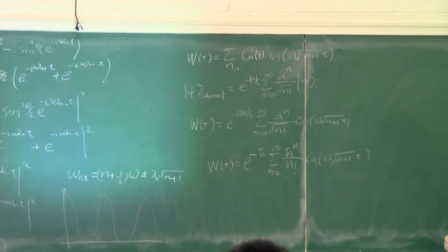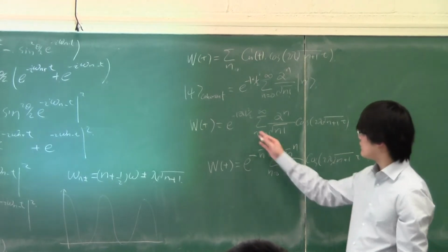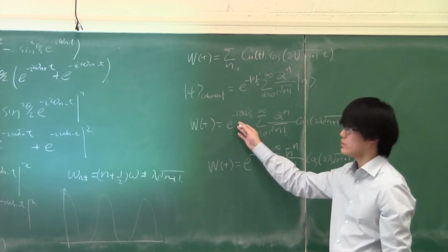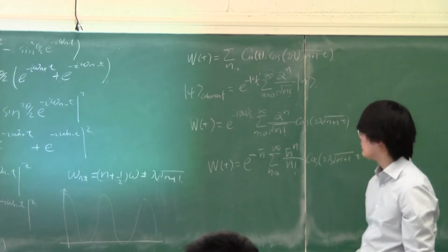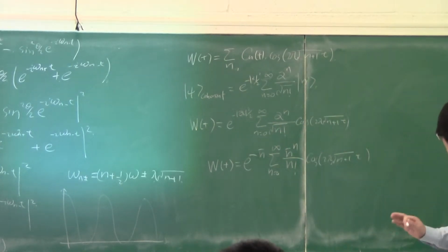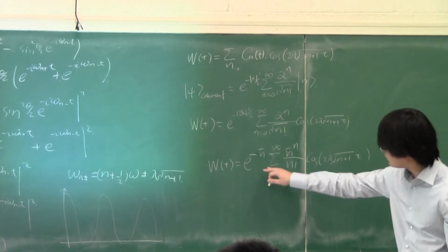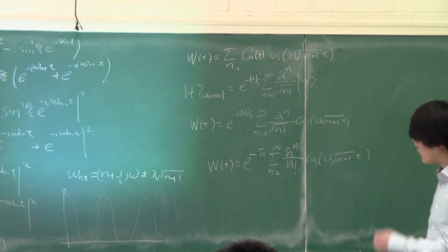Essentially, what is being done here is you take out a factor from here, and it becomes this factor again. There's some algebra there, but let's not worry about that. The coherent state can be written as this as well.